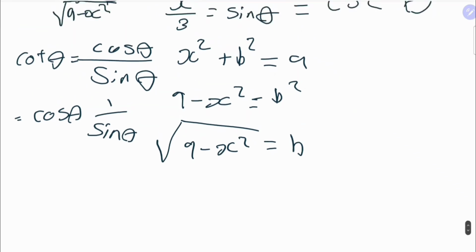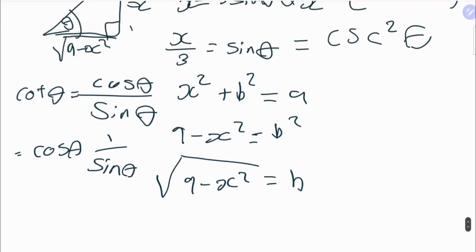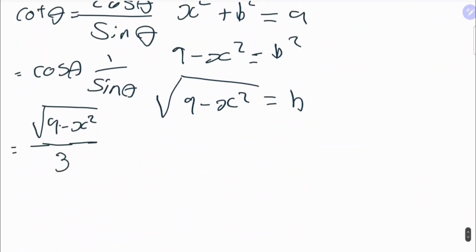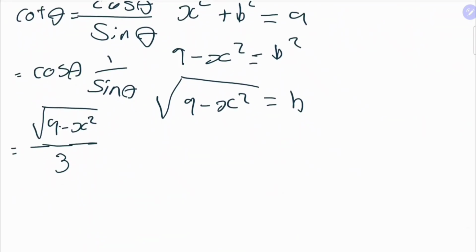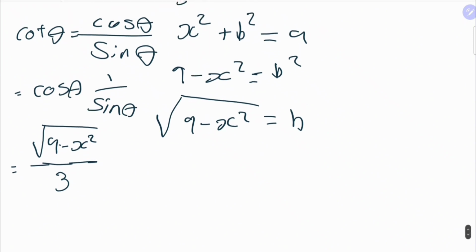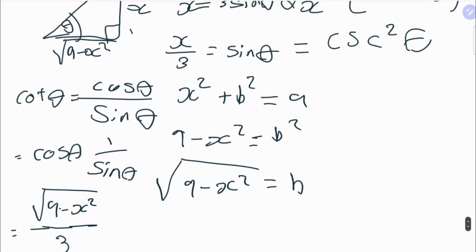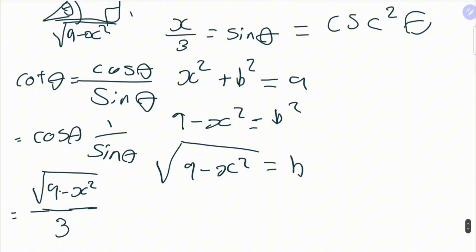Cosine theta is adjacent over hypotenuse, so we'll write that: the root of 9 minus x squared over hypotenuse 3, times the arc sine, because the arc sine is sine to the negative 1, of x over 3.